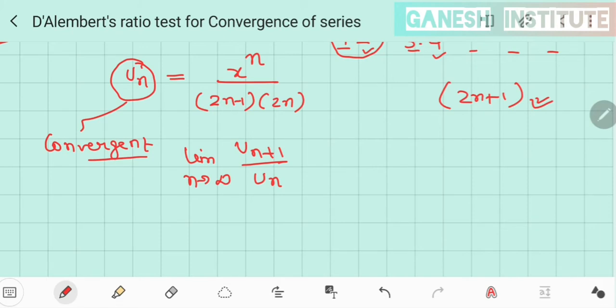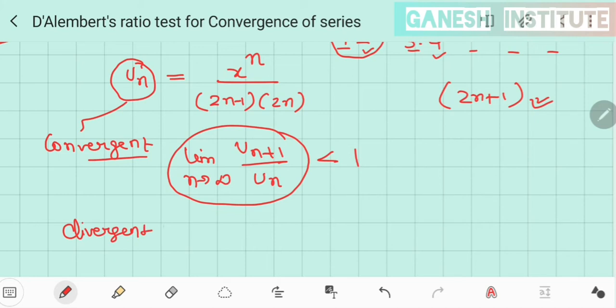If this value is less than 1, then it is convergent. If the limit of un plus 1 by un is more than 1, then it is divergent. And if it is exactly 1, then you cannot apply this test, because the test fails when the ratio is exactly 1 in the limit as n tends to infinity.